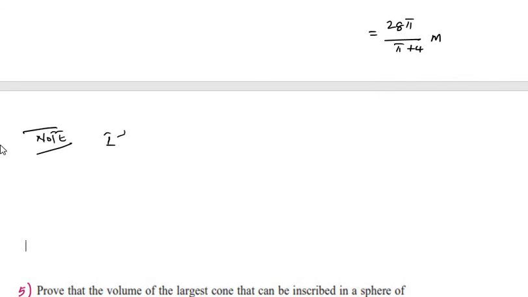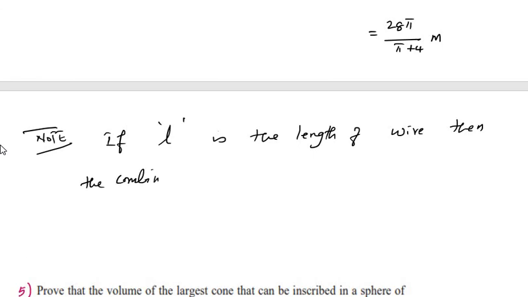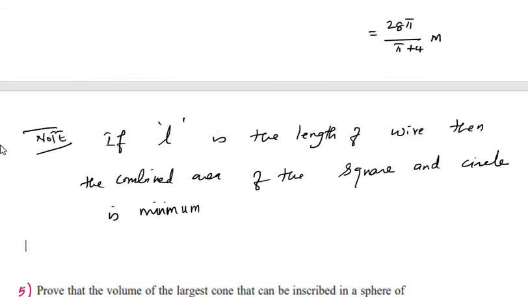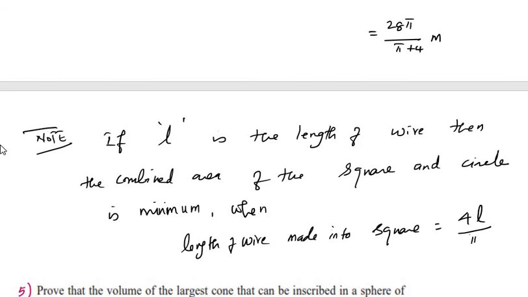Note: if L is the length of the wire, then the combined area of the square and circle is minimum when the side of the square, that is the length of the wire made into a square, is equal to 4L by pi plus 4, right?